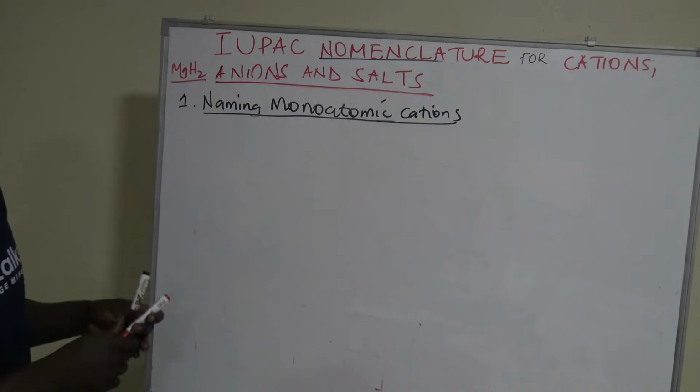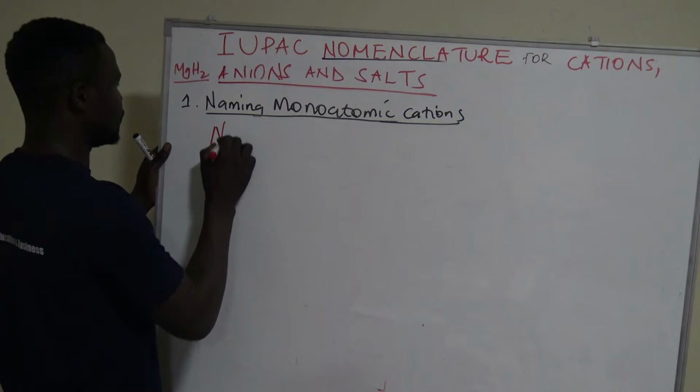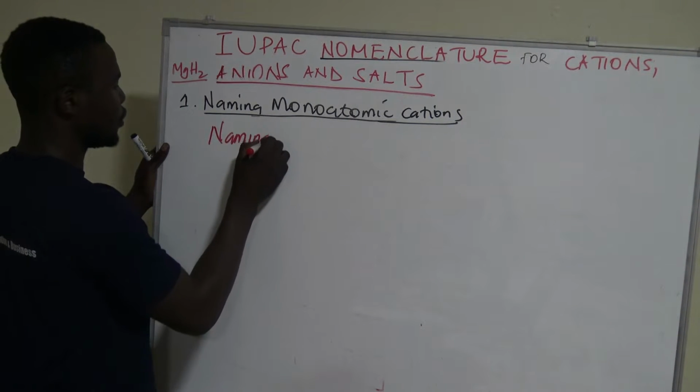Now, naming monatomic cations is very easy.